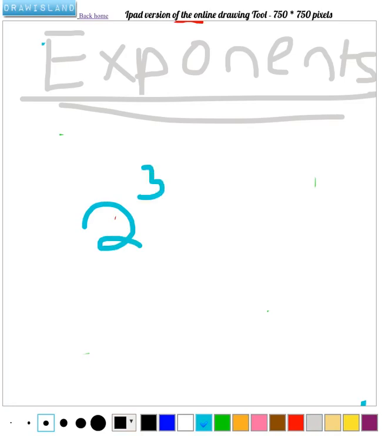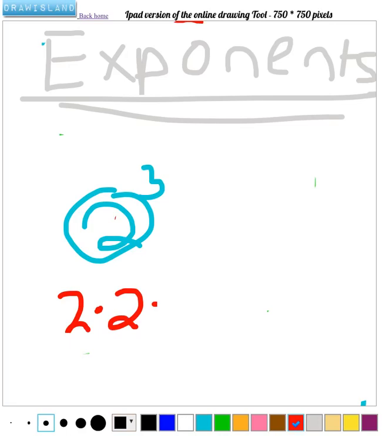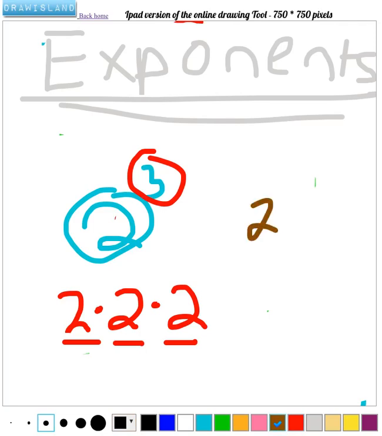That means multiply whatever number is under it by itself that many times. Here the little number is 3, so we'll multiply 2 by itself 3 times. Just 2 times 2 times 2. 1, 2, 3. And then suppose you have 2 to the power of 2. It would be 2 times 2.